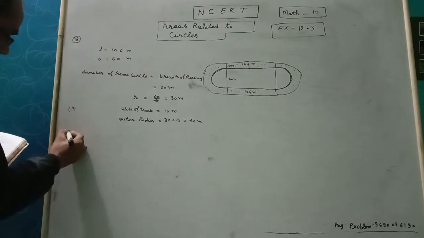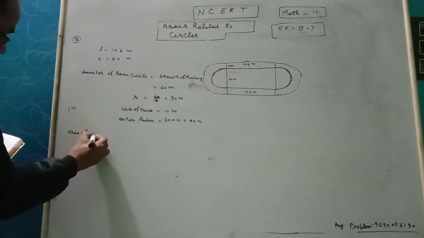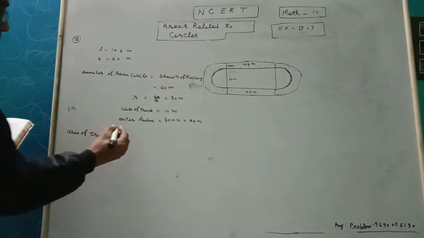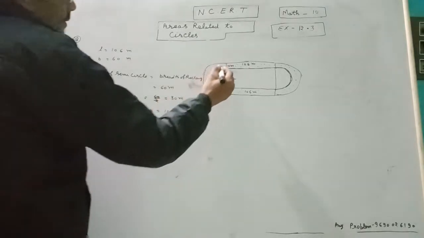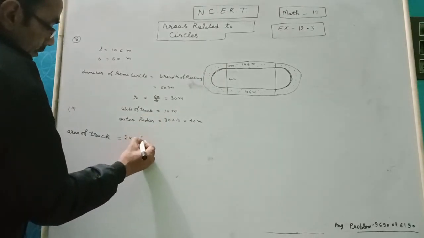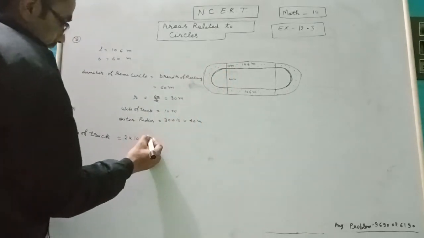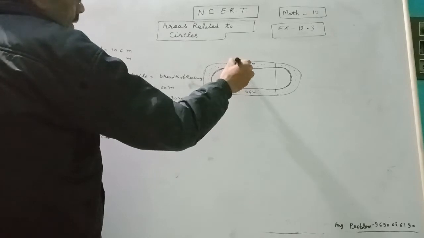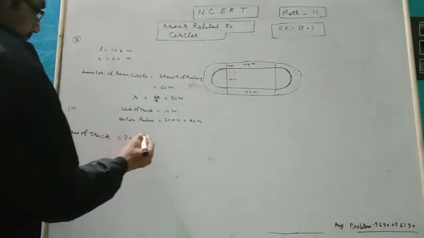Area of track is equal to 2 into length 106 into track width 10. Both parts, this part and this part, area multiplied by 2.